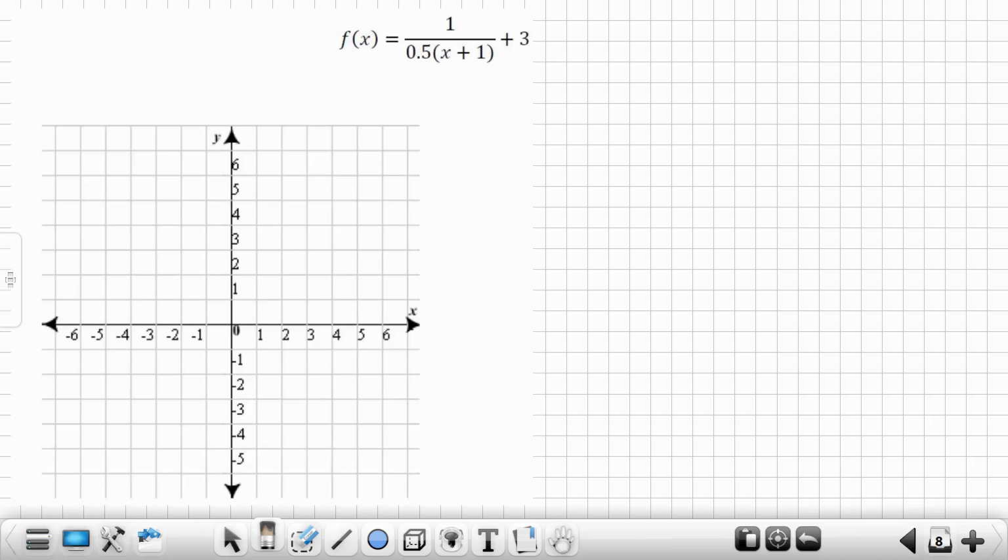So, really quick, guys. Here we've got a b value of 0.5. Now, when we do b values, we still have to flip them to know what really happened.